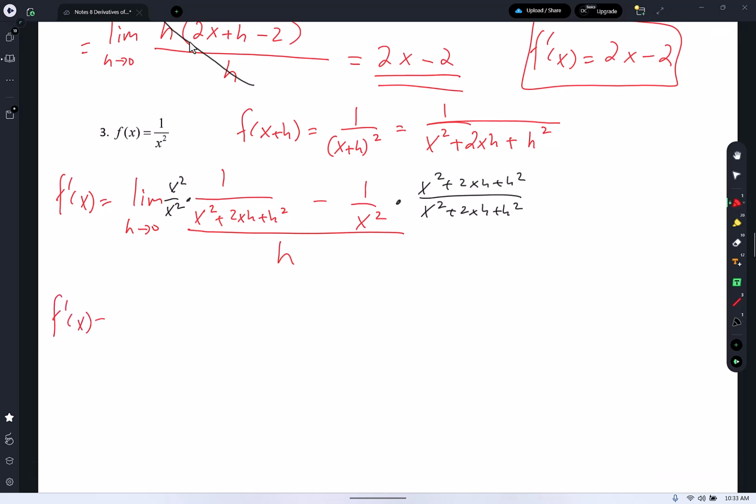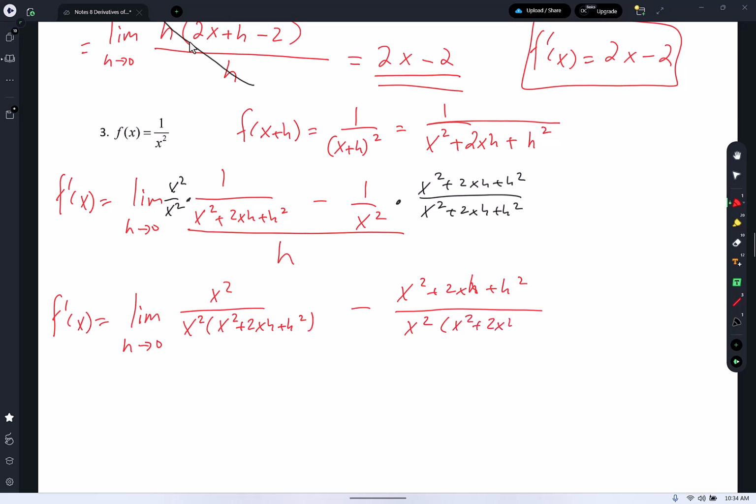F prime of x equals limit as h approaches 0. I'm going to have x squared over, and I'm not going to distribute these, just leave them like this. Minus, and then I'm just going to write all that. X squared plus 2xh plus h squared over, and I'm not going to distribute the denominator. I'm just going to leave it like that. And all this is over h. So catch up to there.